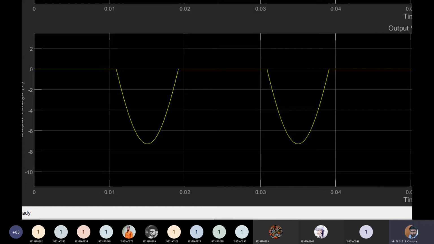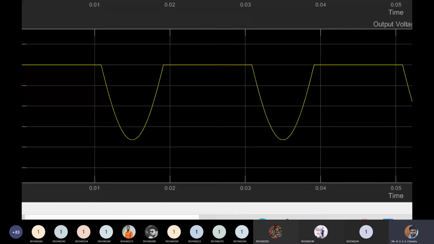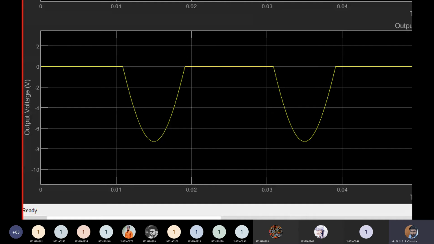The decrease is nothing but the decrease due to the diode forward drop. So this negative peak is now around minus 7.3 volts. Can you see that your negative peak is not at minus 8 now? Can you observe that? Please respond. Yes, sir. Okay.